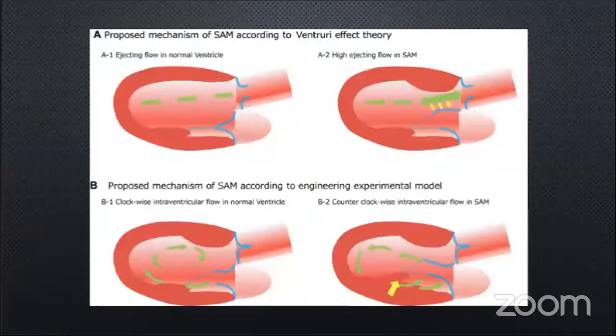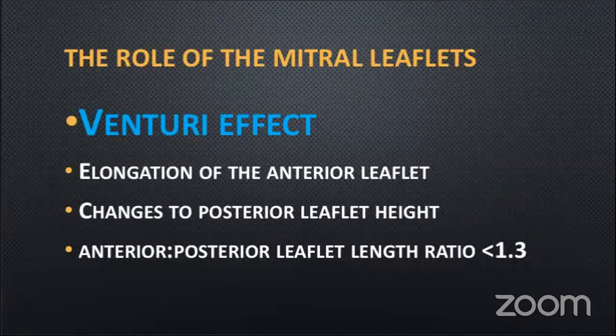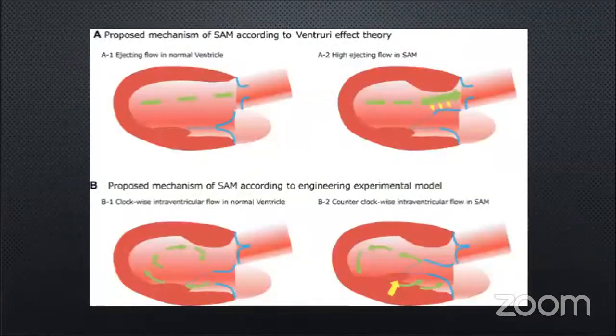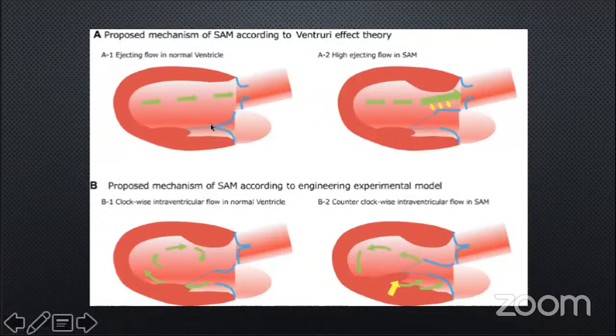Here we can see the proposed mechanism of SAM according to the Venturi effect theory. We can see here ejecting flow in a normal ventricle. We have a wide open track through the LVOT here with normal coaptation of the mitral valve.